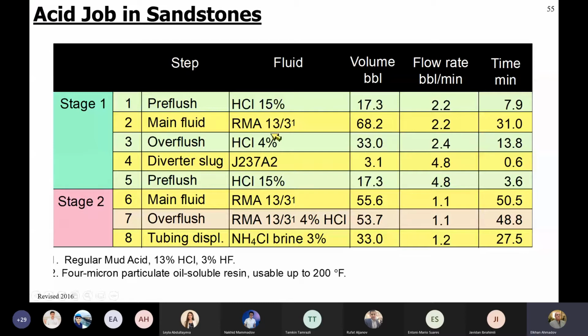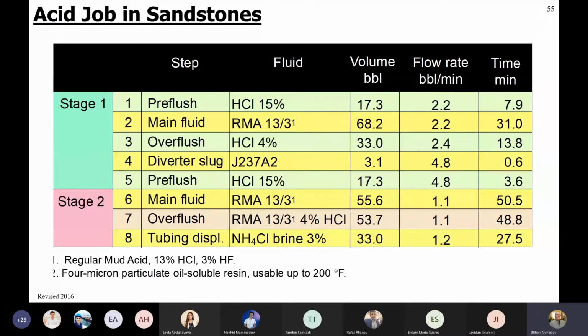The main fluid, the regular mud acid, will dissolve the clays or the mud fluid solvents and clean the damage, remove the damage. Then we post-flush or over-flush with HCl 4% concentration to clean the precipitations, or secondary reaction materials, away from the wellbore, so we can create a very clean zone around the wellbore.